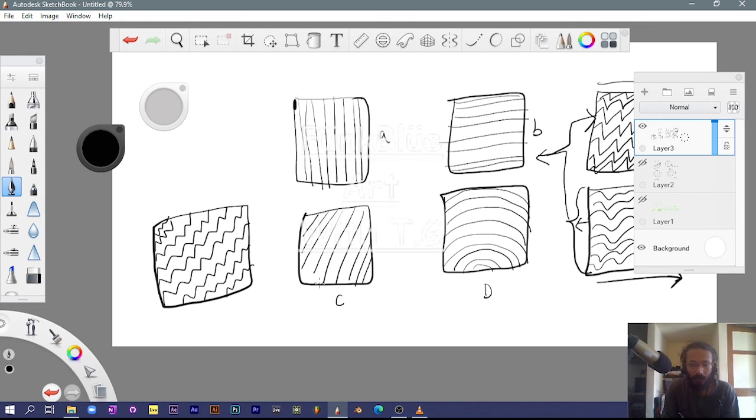See how the direction of how the lines are moving is similar to C, but because the quality or the character or property of the lines has changed, therefore it has a very different feel to the square.